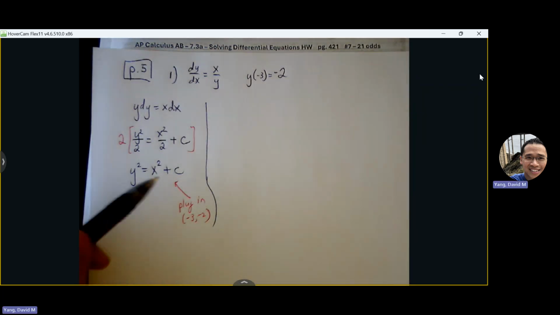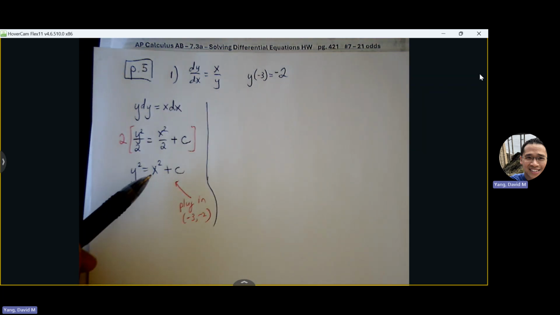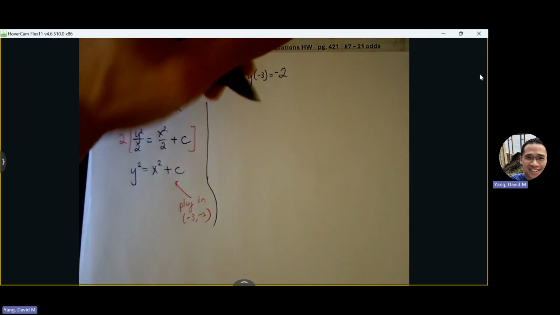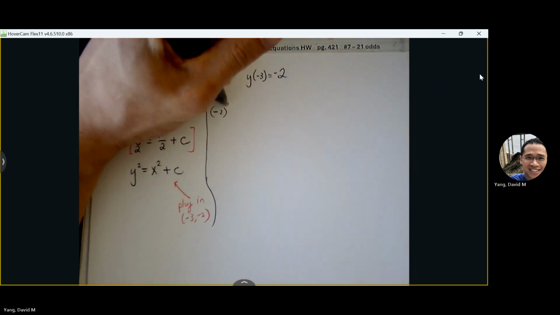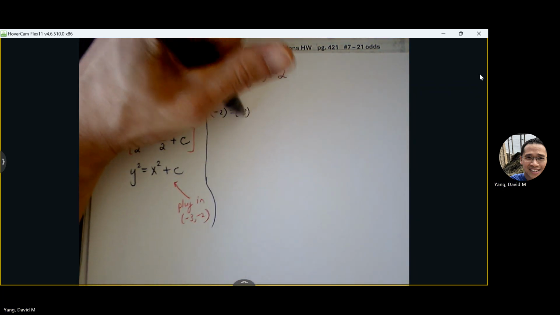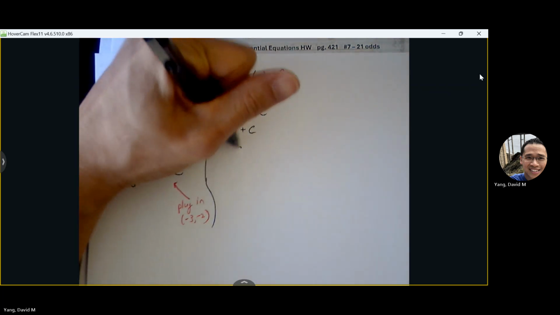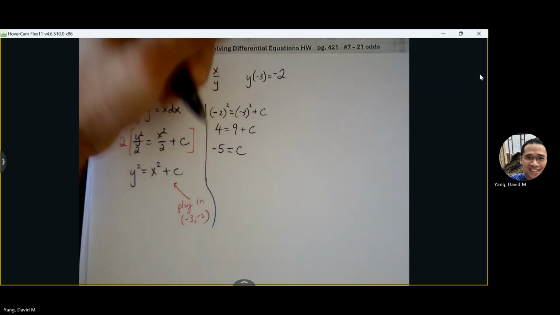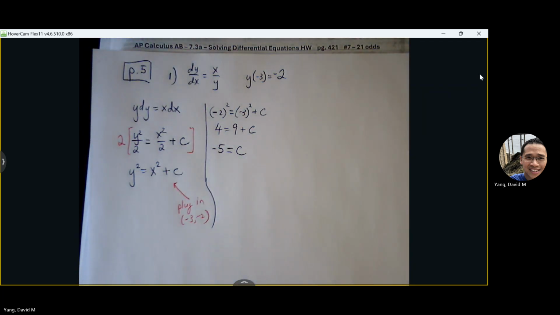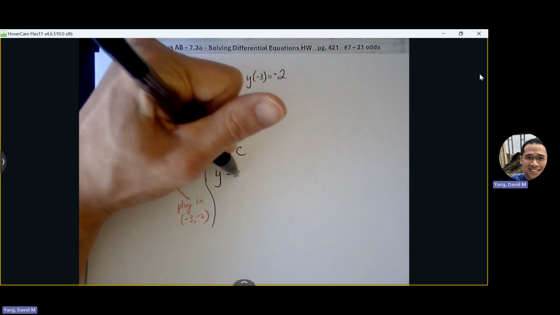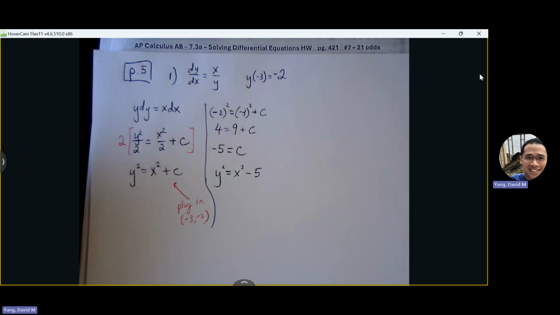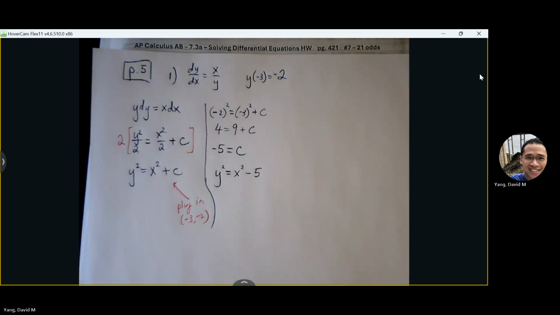Okay, so our goal here, we can solve for C, and then we can work on solving for y. So -2 in for y, -3 in for x. Update our equation, y squared is equal to x squared minus 5.